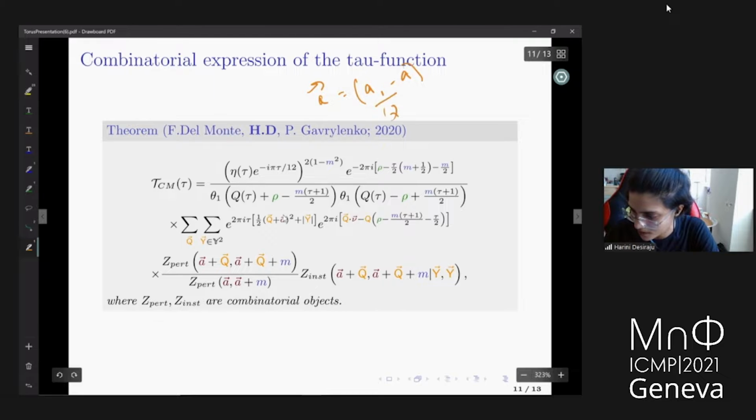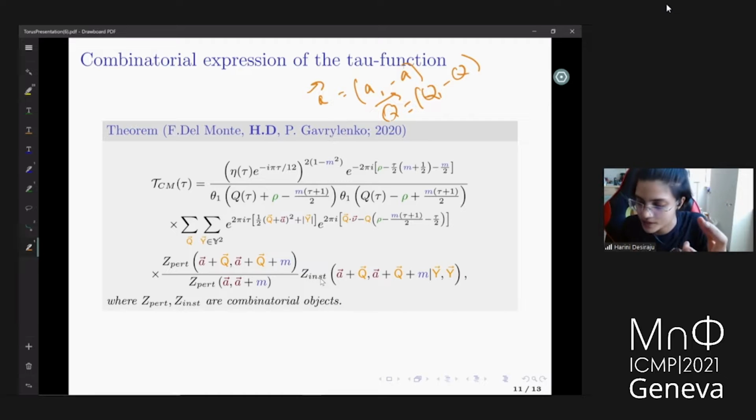So if there is Q, this just means Q comma minus Q. Okay, so it's extremely explicit, and Z_pert and Z_inst refer to the perturbative and non-perturbative parts of Nekrasov functions, which are just combinatorial objects, which I'm not writing here because they're really long expressions. So I started from the determinant, I took the minor expansion, and I showed you where the combinatorial structure comes from.